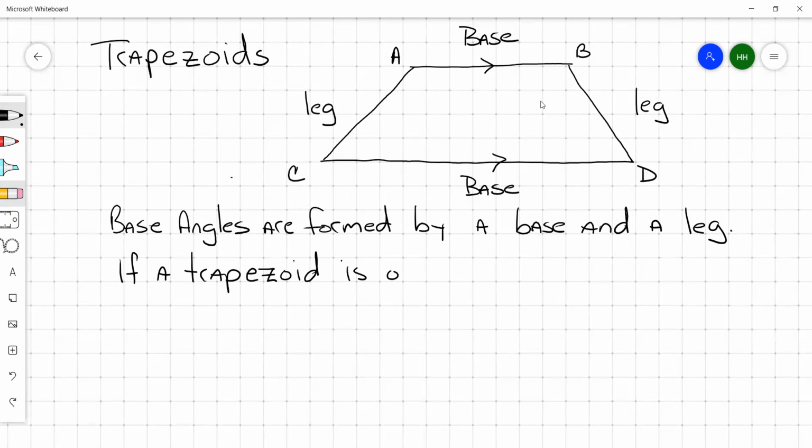So I need isosceles. I can't get an eraser here. All right, if a trapezoid is isosceles, then each pair of base angles is congruent.